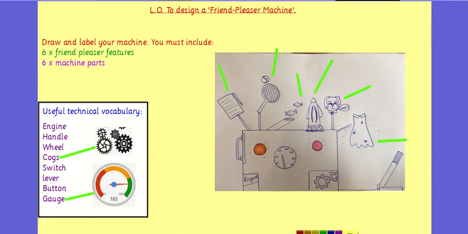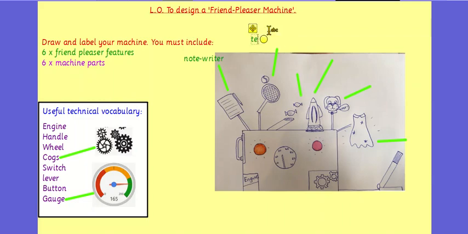So it doesn't have to be a complicated machine. Okay, it just has to have 6 things on it. So my special features are a note writer to tell my friend that they are the best friend in the world. I magpied that idea from our Waggle. That's okay, that's what Waggles are for.